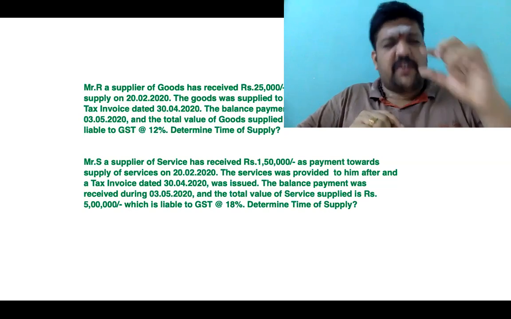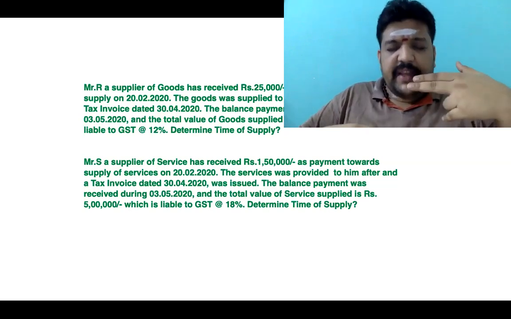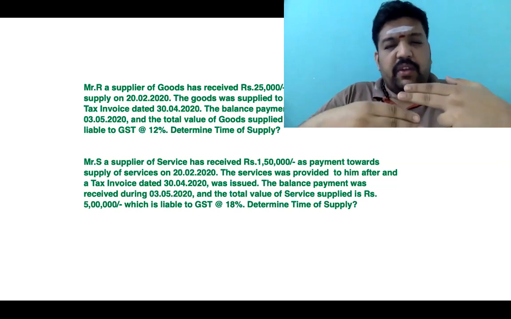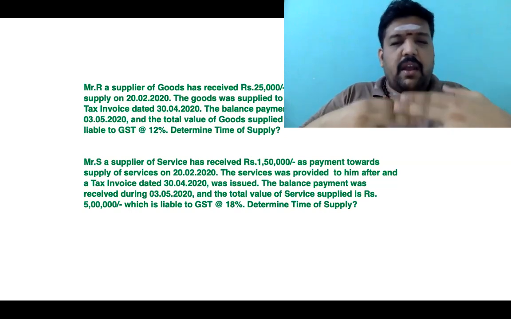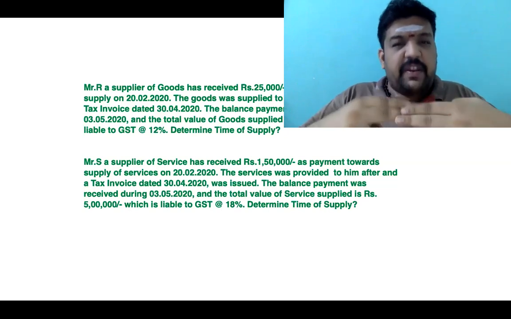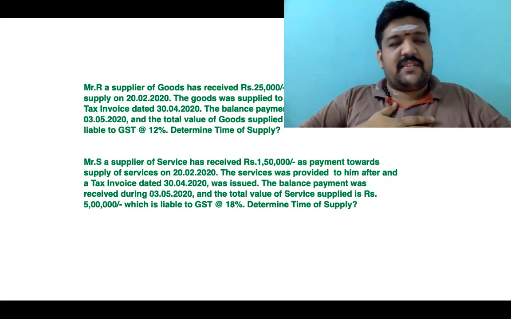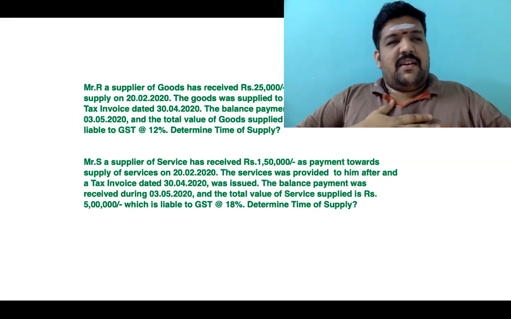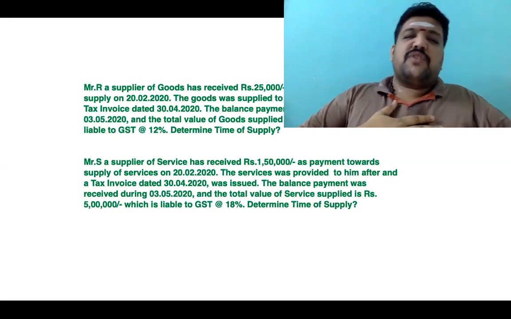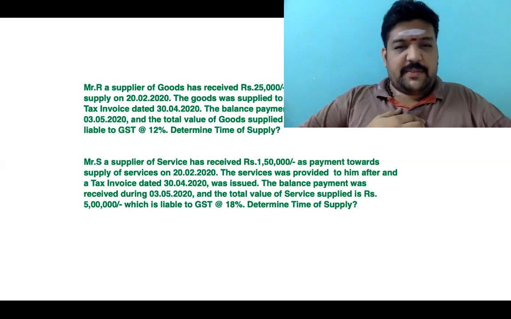In fact, only for that reason, only for testing you, are you reading section 12.2 and the notification together? Are you bundling it together? When you write it, are you referring to it as, see, I can understand an earlier level understanding as, when it comes to supply of goods on advances, you are not liable to pay tax.